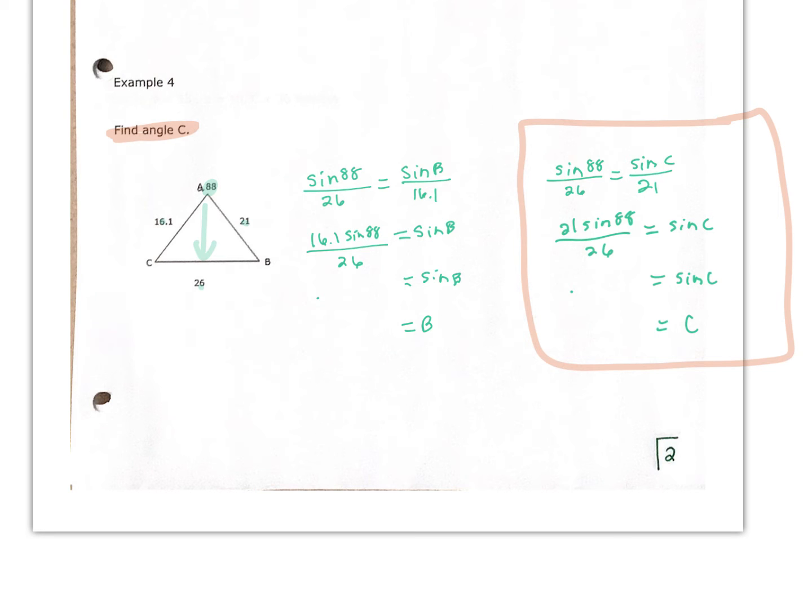That's okay. All right, so 21 times the sine of 88 divided by 26. What's the long decimal that we get for that? Sine of C is equal to 0.807, a long decimal. Lots more numbers. Okay, then remember to find an angle measure, you're doing inverse sine. So that's the sine to the -1. So inverse sine of that answer equals, so what do we get for C?